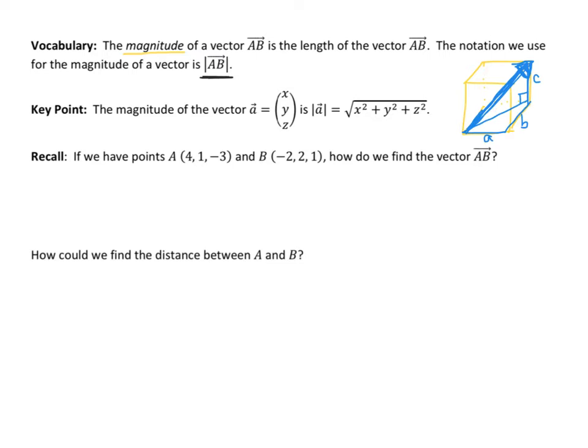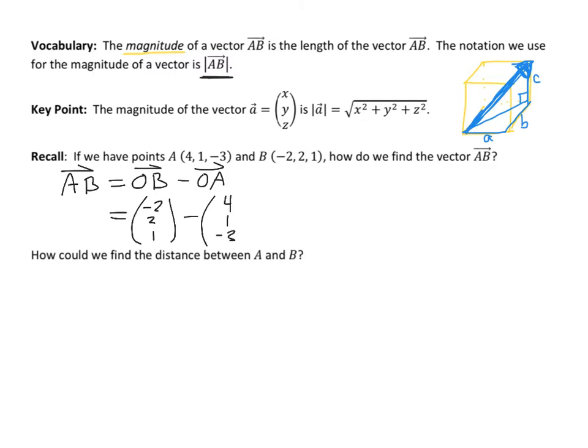We learned previously that you can always find the vector AB by starting with the endpoint and subtracting off the beginning point, expressed as position vectors. So if you want AB, you just do the OB vector, negative 2, 2, 1, and then subtract the A vector, 4, 1, negative 3. And when I subtract those, I wind up with negative 6, 1, and 4.